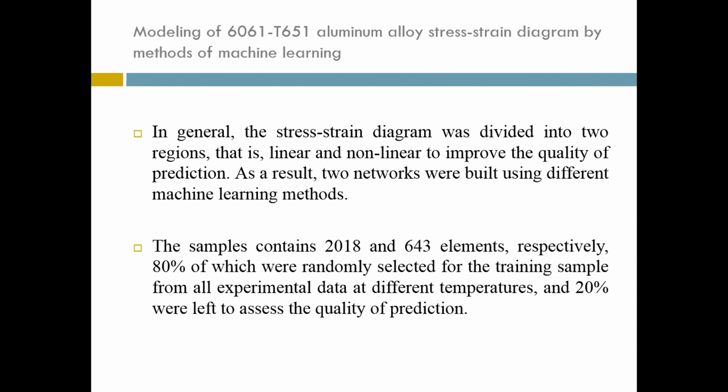In general, during learning, the data set is divided into two unequal parts, learning and test samples. For the learning sample, we use 80% of the set, randomly selected from all experimental data at different temperatures, and 20% were left to assess the quality of prediction.